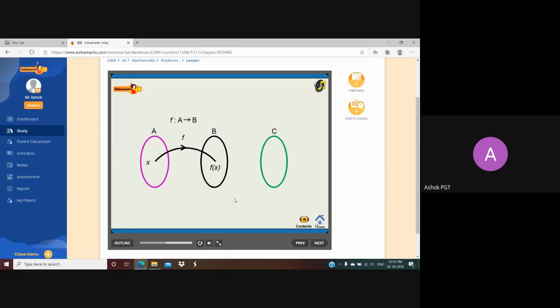Consider a function f that maps from A to B and another function g that maps from B to C. The composition of functions f and g is given by g of f of x for all x belonging to A.